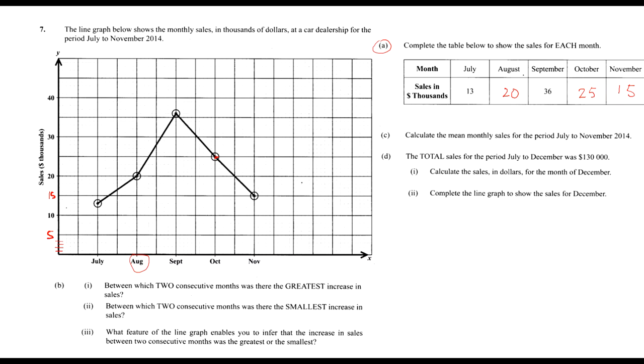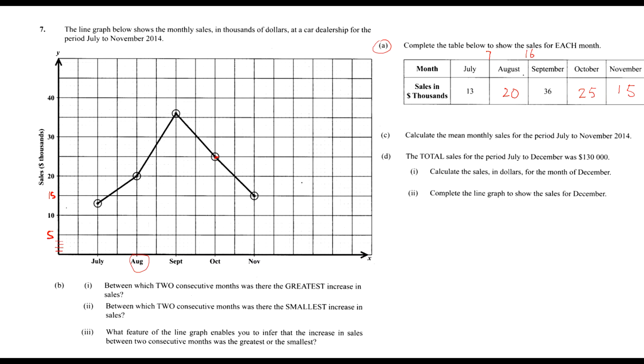Part B, between which two consecutive months was the greatest increase in sales? Right, now you can look at this from the graph, or you can look at it from the table. So between July and August, we have an increase of 7. Between August and September, we have an increase of 16, right?